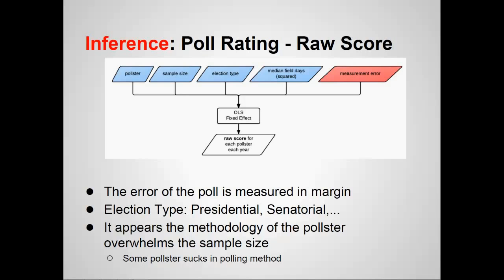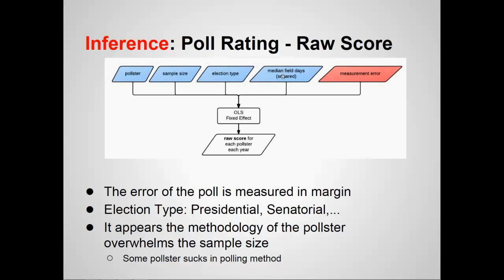So first, you need to measure how wrong the poll can be. He compared the poll result to the final vote share, and took a measure of how off that poll is. So now that is the left-hand side of the regression.